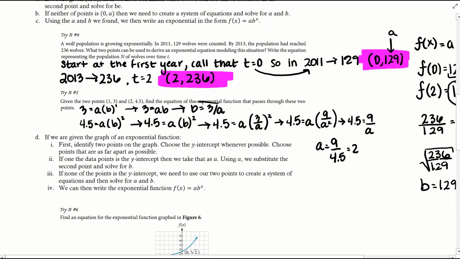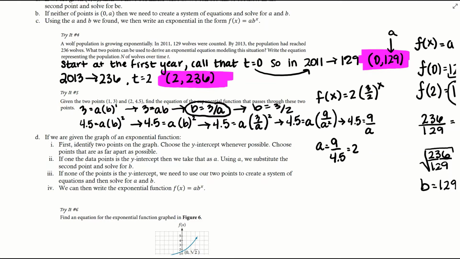And then I can just plug it right back into here, which gives me b equals 3 divided by 2. So my equation here is f of x equals 2 times 3 over 2 to the x. That's my exponential equation.